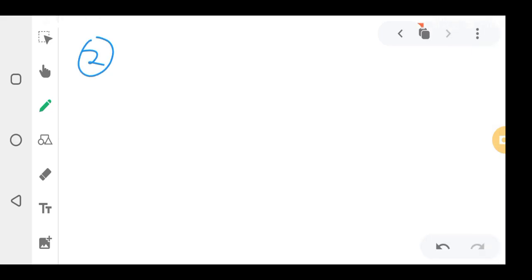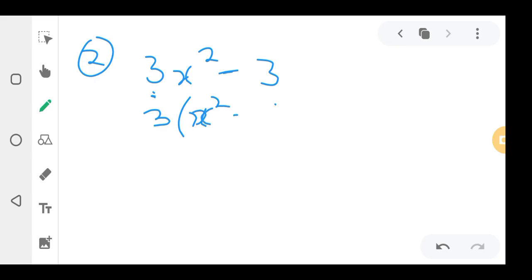Sometimes they can give you a question like 3x to the power 2 minus 3. I said whenever the numbers in front here and the last one are the same, you factor out the 3: x squared minus 3 divided by 3. There it will be x squared minus 1, close bracket. 3, open bracket, x squared minus 1.